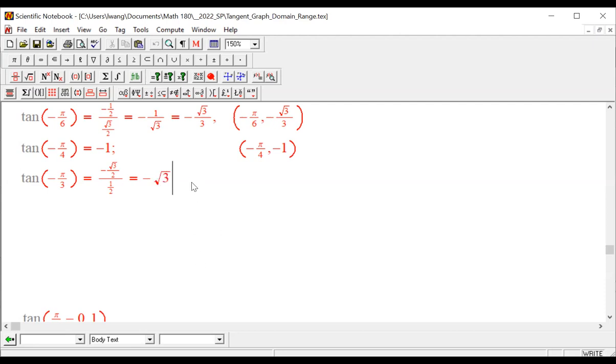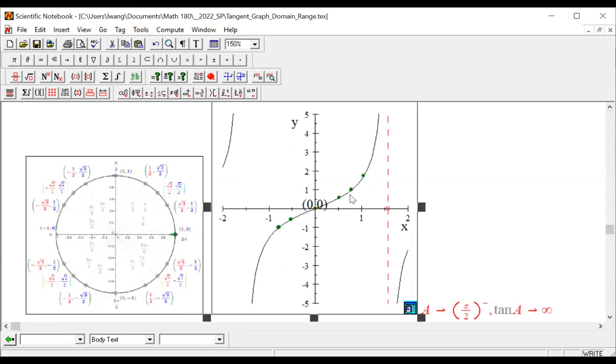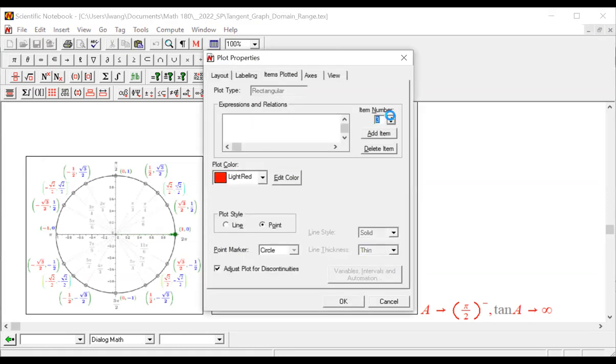The point we're getting here has input negative pi over 3, and the output is negative root 3. So we're going to put this point in the picture. We already have these green dots here, so we put this dot right there. Boom.